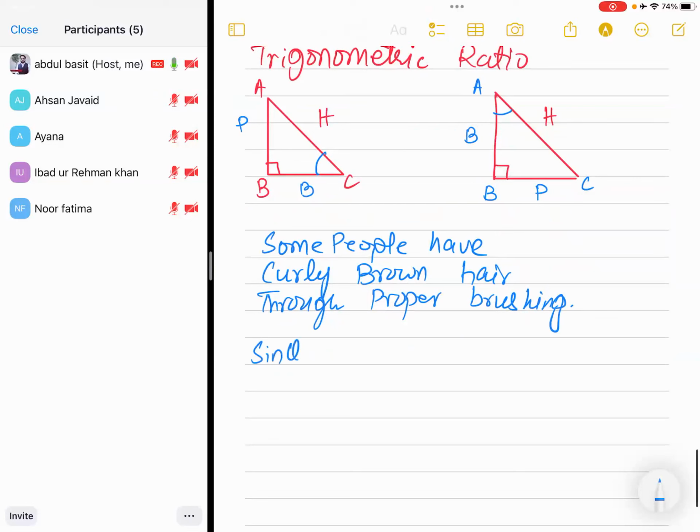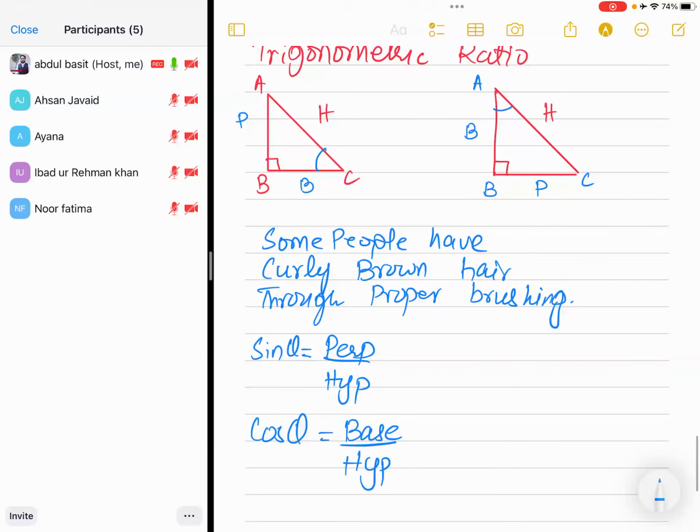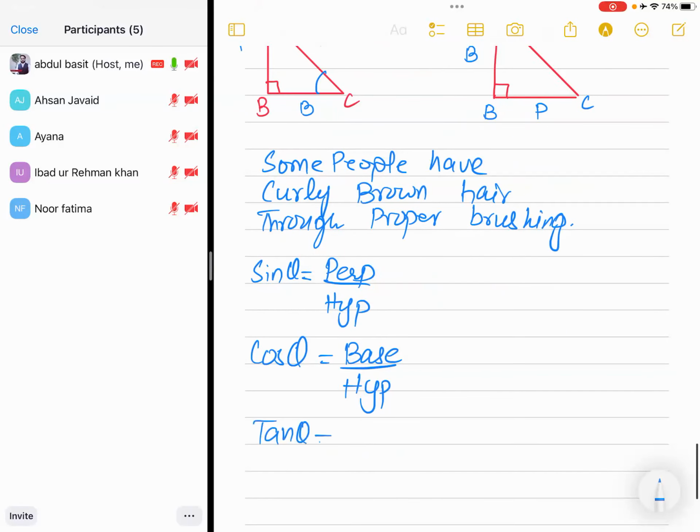Sine theta is equal to Some People Have, meaning perpendicular divided by hypotenuse. Cos theta is equal to base divided by hypotenuse, because Brown Hair means B for base and H for hypotenuse. And tangent theta is equal to Through Proper Brushing, so that is perpendicular divided by base. So these are the three formulas.